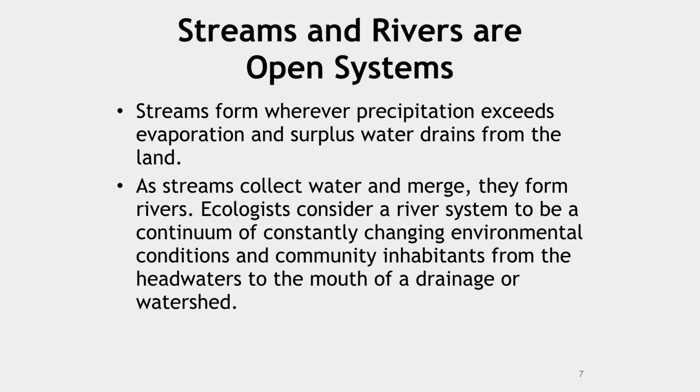As streams collect water and merge, they form rivers, although there isn't a universal definition of when one turns into the other. Ecologists consider a river system to be a continuum of constantly changing environmental conditions and community inhabitants, from the headwaters to the mouth of a drainage or watershed.